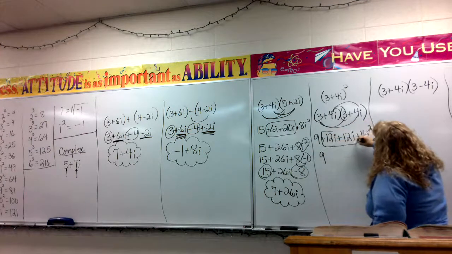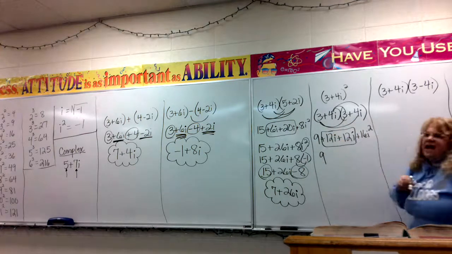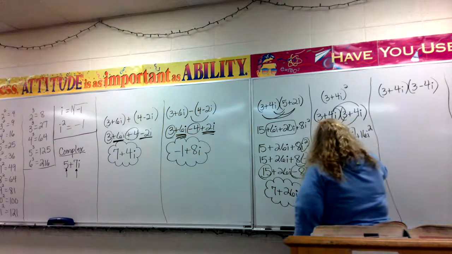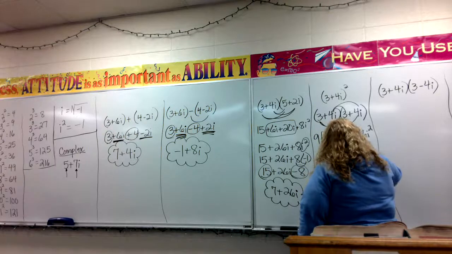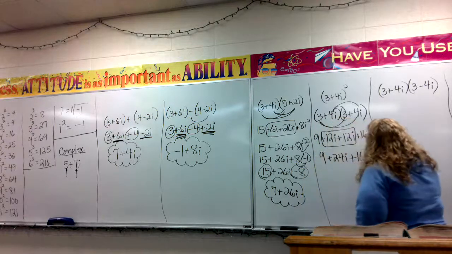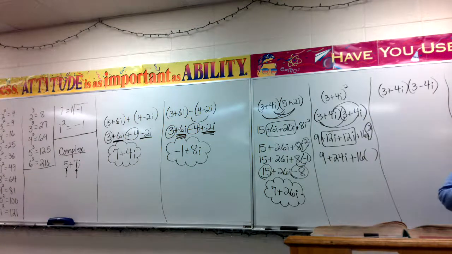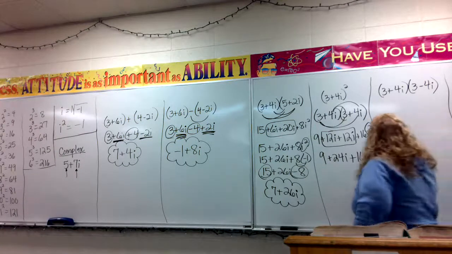Right here I have some like terms. 12i, 12i, 24i, and 16i squared. What is i squared equal to again? -1.